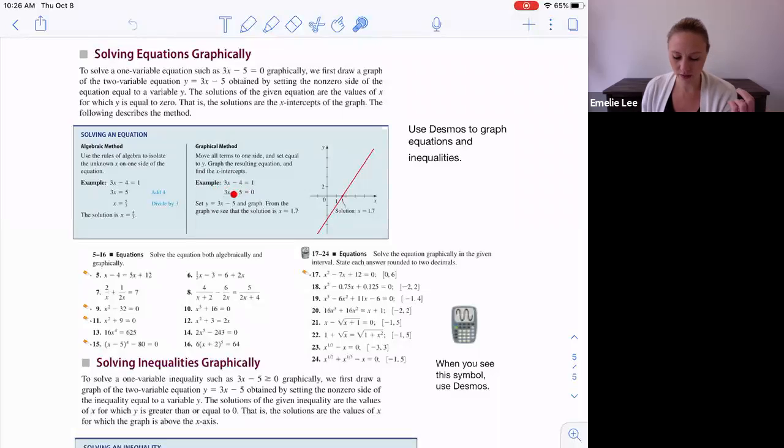Then if we graph the resulting equation, you don't even need to move all the y's over to one side or solve for y, because Desmos is really clever. So if you have y equals 3x minus 5, or you could plug in 3x minus 4 equals 1, then it'll just give you the line.